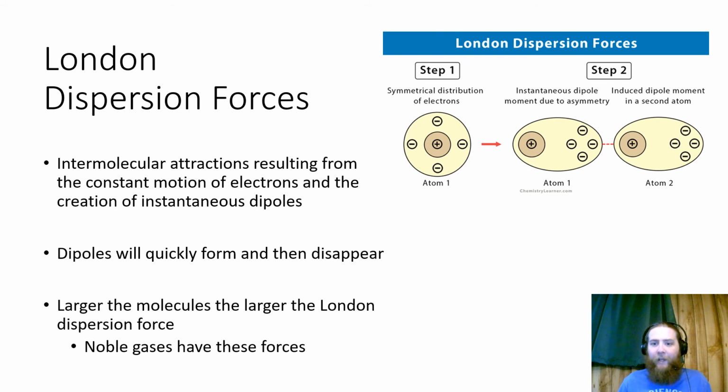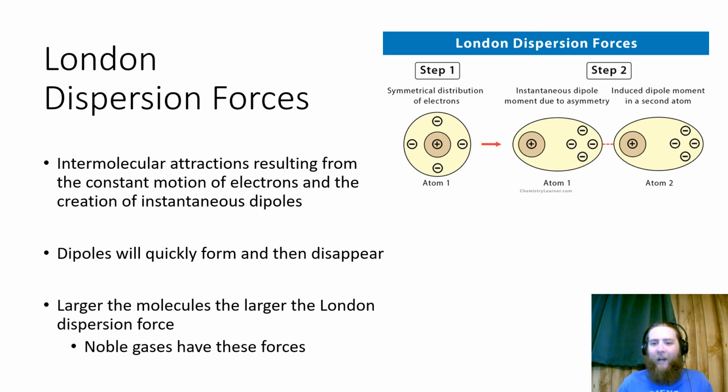Our last one, and our last slide for today, is on London dispersion forces. At any point in time, the universe is in motion. Atoms themselves are constantly moving. At any point in time, there are some random things going on at the atomic level, which is kind of beautiful in its own little majestic way.